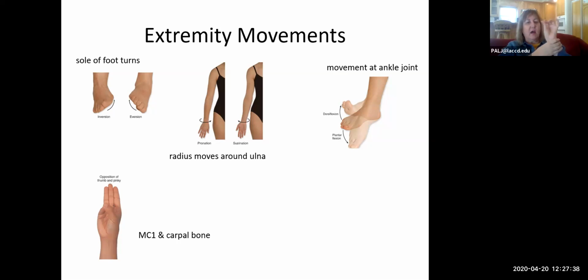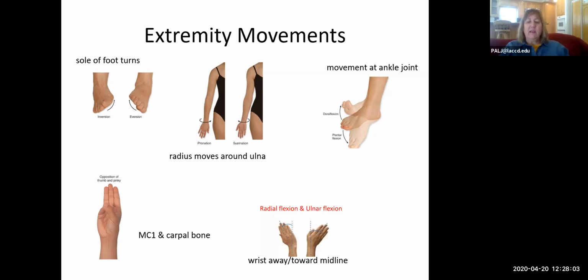This is called opposition. The movement is actually happening down here between the first metacarpal and the carpal bone. I don't know if you can see that you're not actually moving this. It's this joint right there that's allowing you to do the opposition.